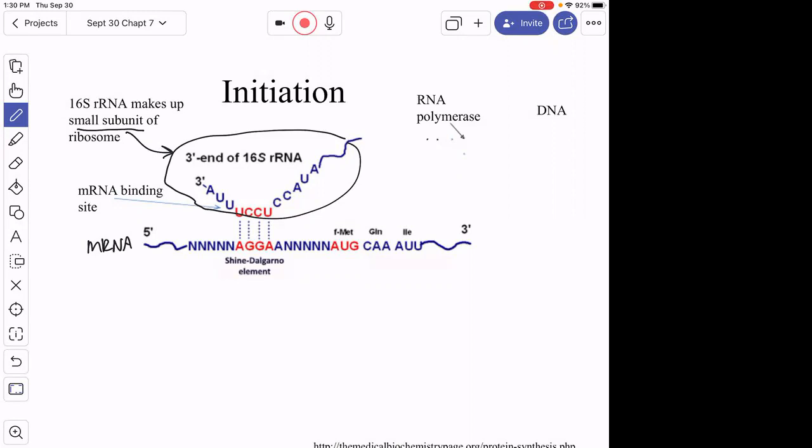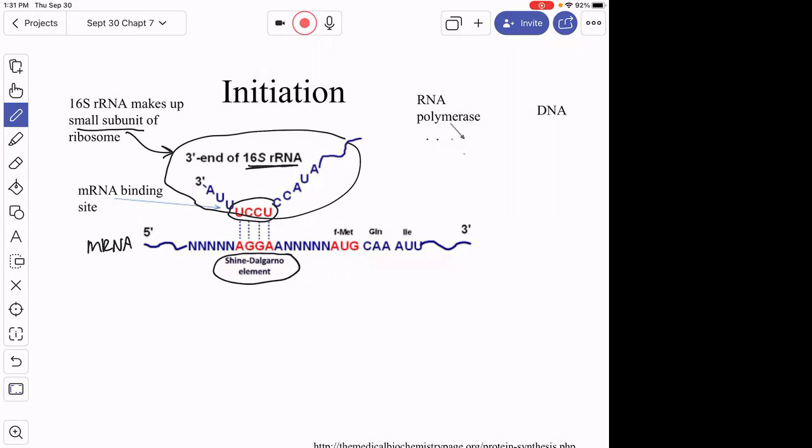There's a special site on the ribosome where it docks, and that's actually part of that 16S strand of ribosomal RNA, part of the 30S small subunit. We call that the messenger RNA binding site. There's a specific few nucleotides on the messenger RNA that have to line up precisely with that site, and we have a special name for that, the Shine-Dalgarno element.